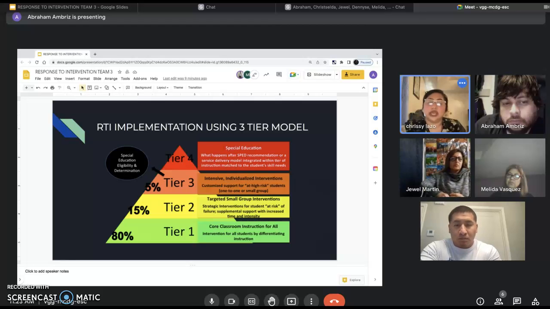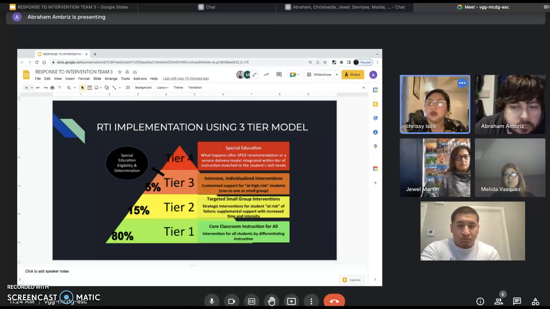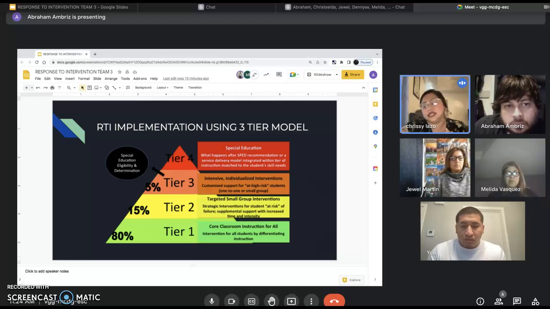Because it's more one-on-one, they're able to decide what disability or condition might be going on with the student. And then tier 4 would already be special education. That's where a specialist comes and assesses the student being considered for special education, and I believe only they can assess the student at this point.